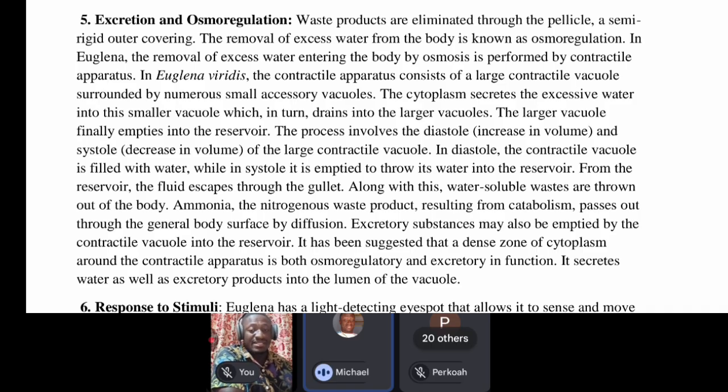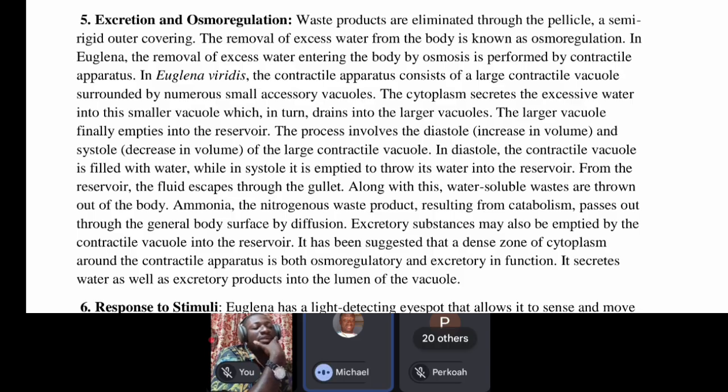If you don't take in enough water, you have scant urine, and the urine even changes color. It becomes concentrated, salty, and also yellowish. When you take in much water, it looks just like the water that you drank, and you urinate a lot. So it's a way of taking waste out of your body as well as maintaining water balance. So that is how excretion also occurs with the contractile vacuole.